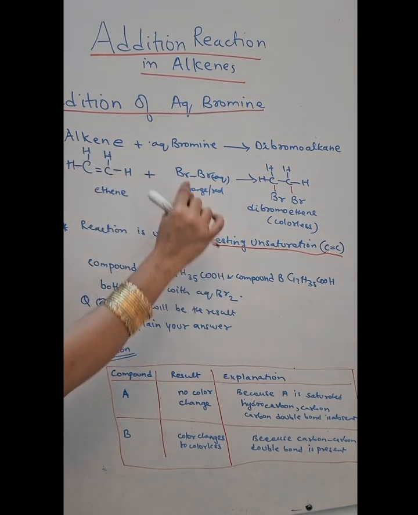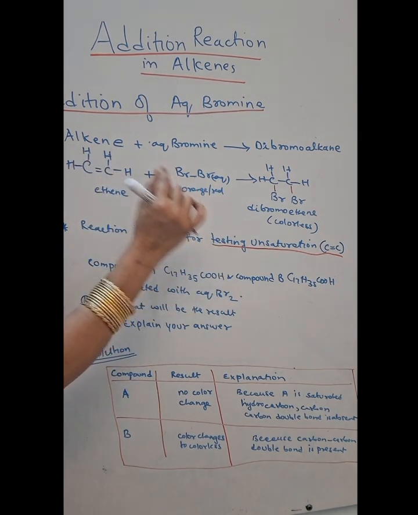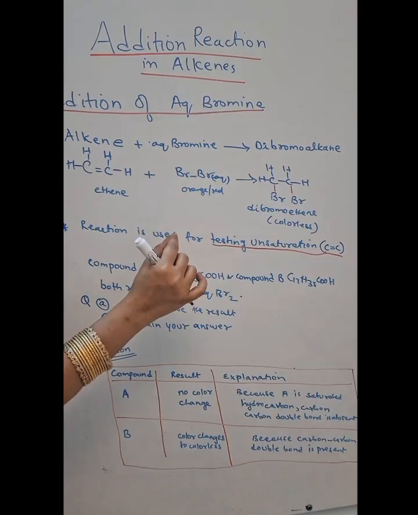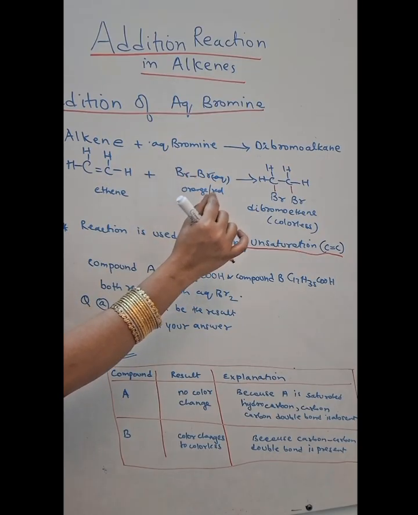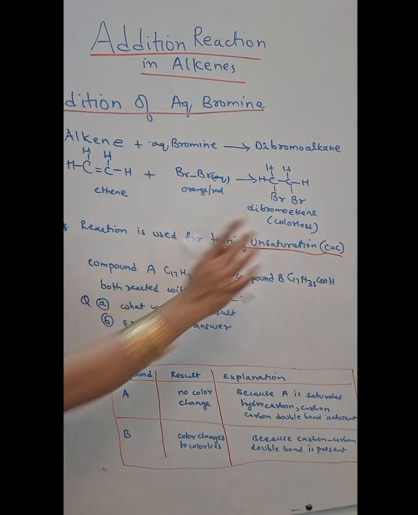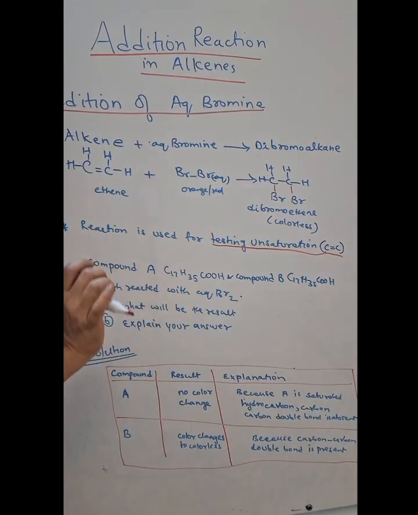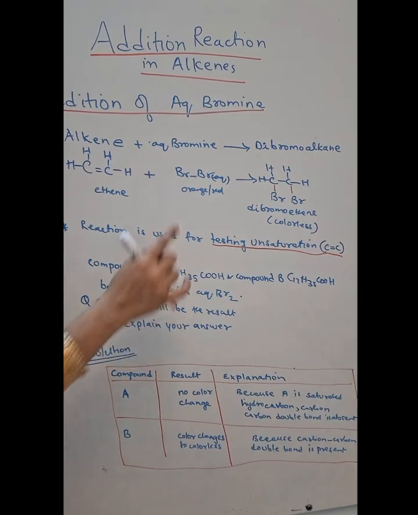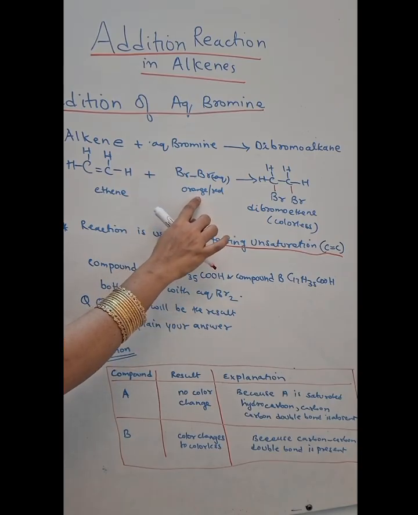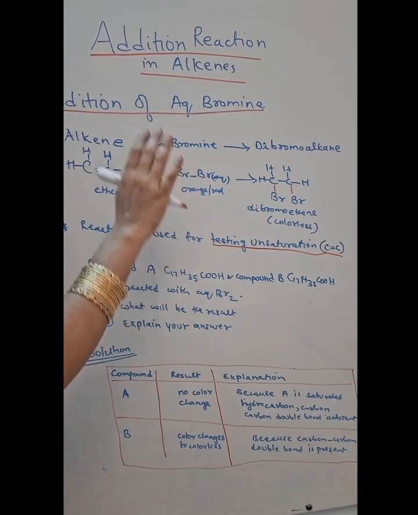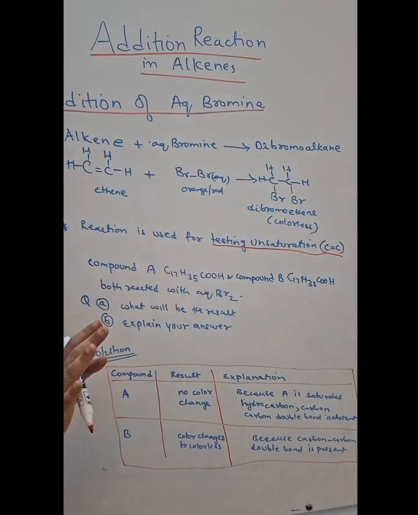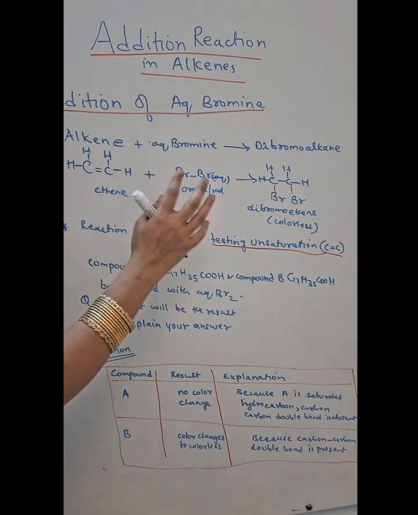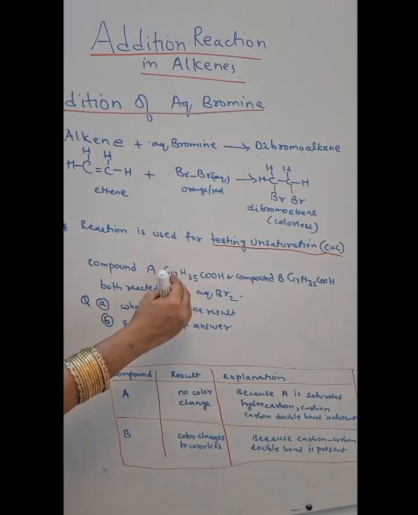Again, I'll repeat. This particular reaction, also called the bromine water reaction, is used for testing whether a carbon-carbon double bond is present or not. If a carbon-carbon double bond is present in an organic compound, then the orange color of bromine water will change to colorless.